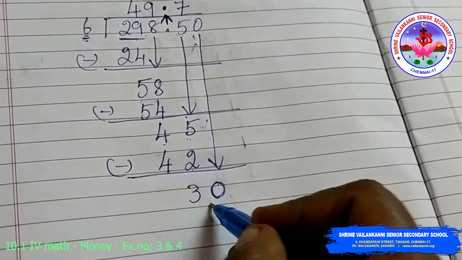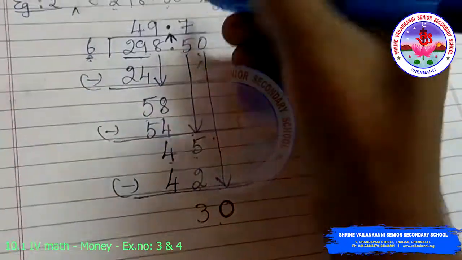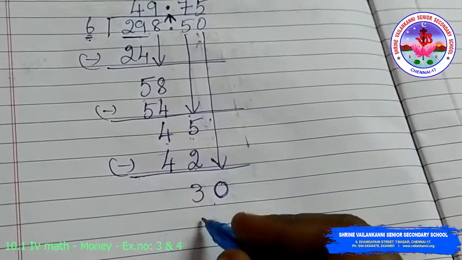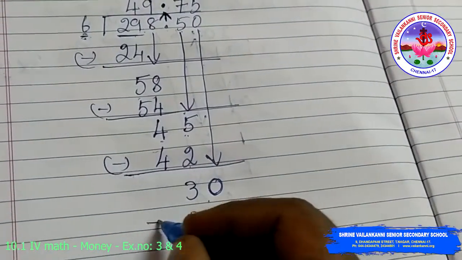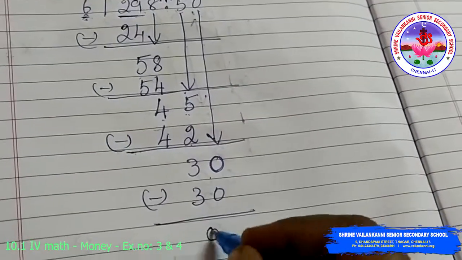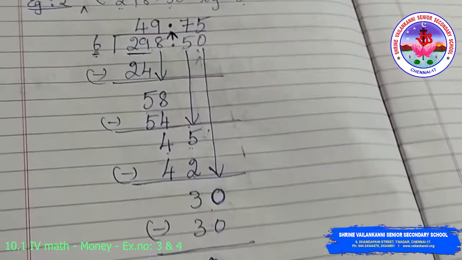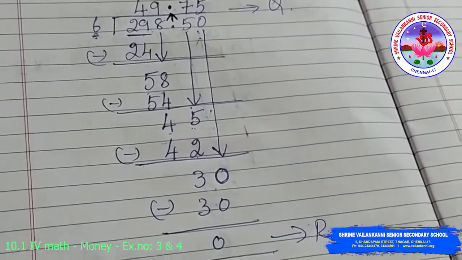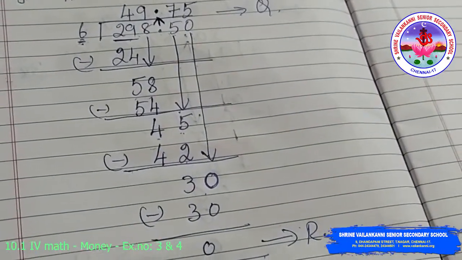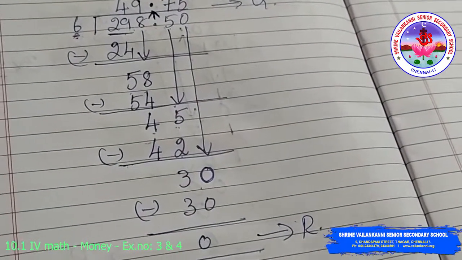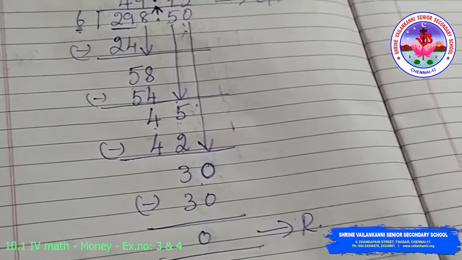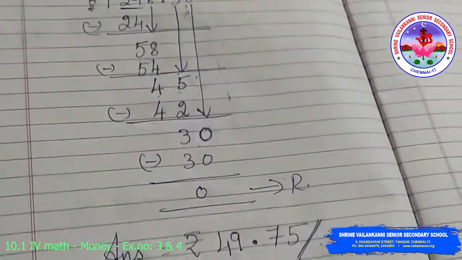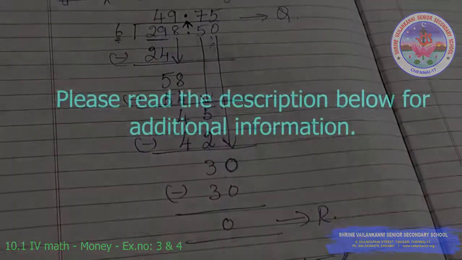How many times will 30 come in the 6 table? 5 times. 6 fives are 30. So now the answer is 49 rupees 75 paise. Okay, hope you have understood. Thank you, children.